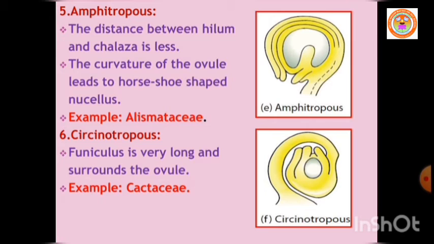The curvature of the ovule leads to the formation of a horseshoe-shaped nucellus. So nucellar tissue becomes horseshoe-shaped, more or less like the English alphabet C, which is found in Alismataceae.